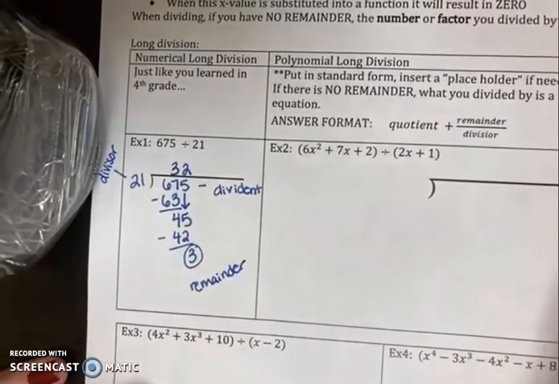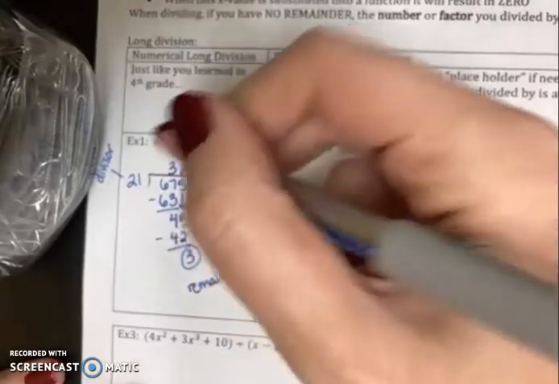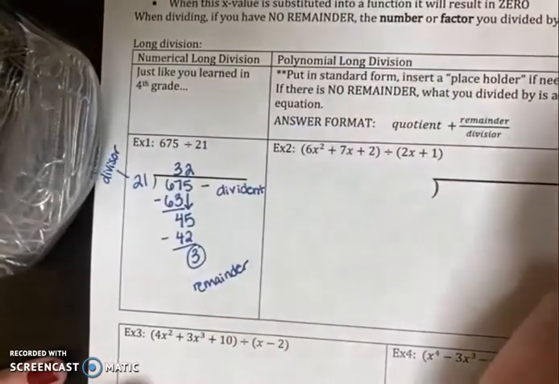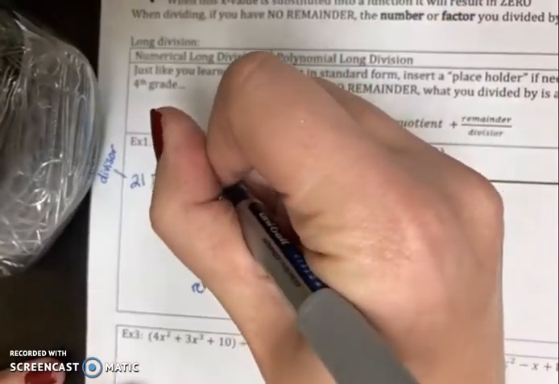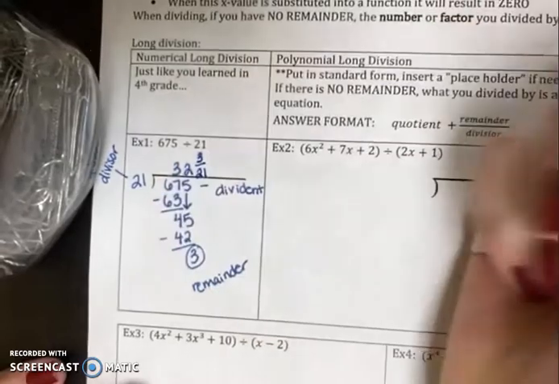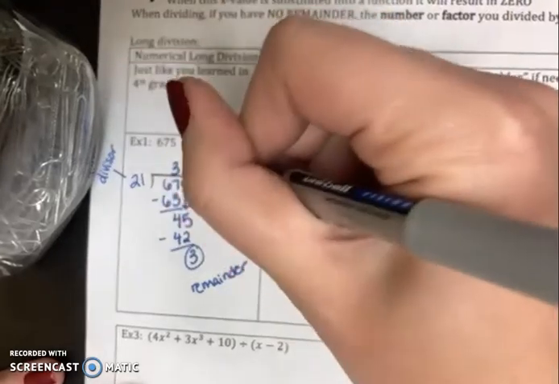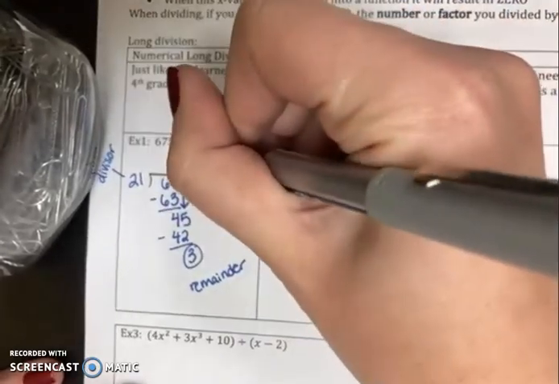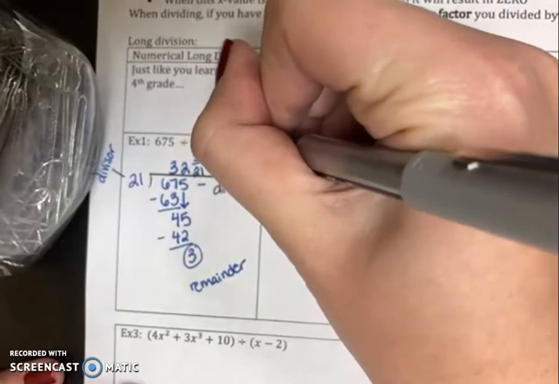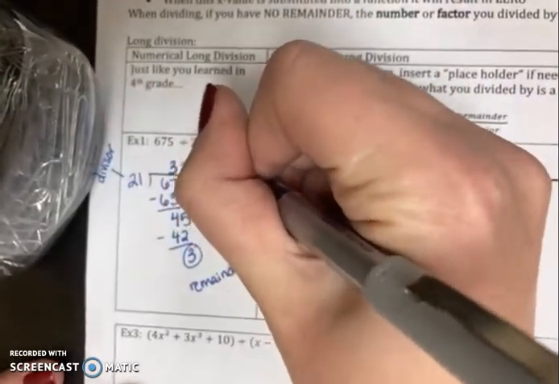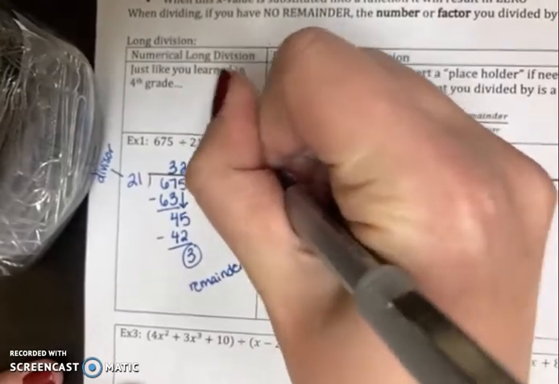And we need to write it as our remainder over the divisor. So this gives me 32 and 3 over 21. It just so happens that 3 over 21 can be simplified. So really the quotient is going to be 32 and 1/7.